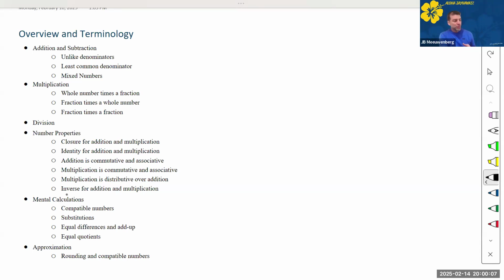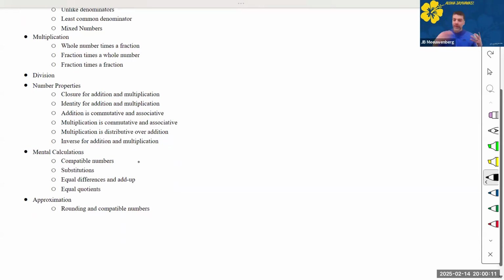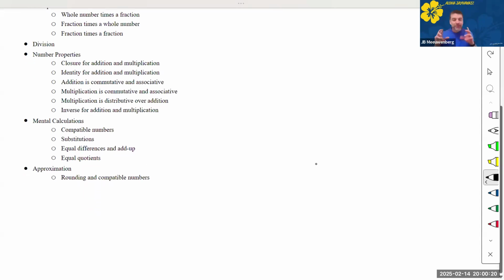We're also going to add in a new one, the inverse for addition and multiplication. And then we're going to get to our mental calculations and approximations. Again, a lot of the same strategies that we've seen before, and so we won't spend too much time on there, but there are some really interesting ones that maybe you've never seen before, maybe you've never thought of. My hope is that your eyes get opened a little bit to some of the options that exist that you may not have been familiar with.